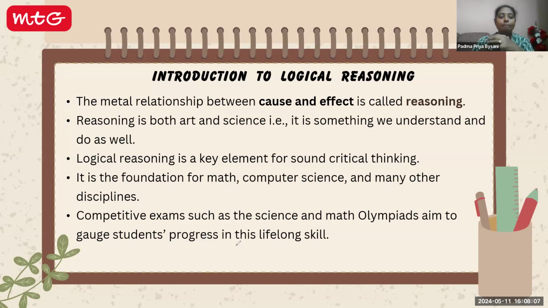First, the mental relationship between cause and effect is reasoning. What this means is, when you think of something and put effort into doing it, in the gap between your thinking and putting things into action, there is a sequence of logic happening. Like, why should I do it?